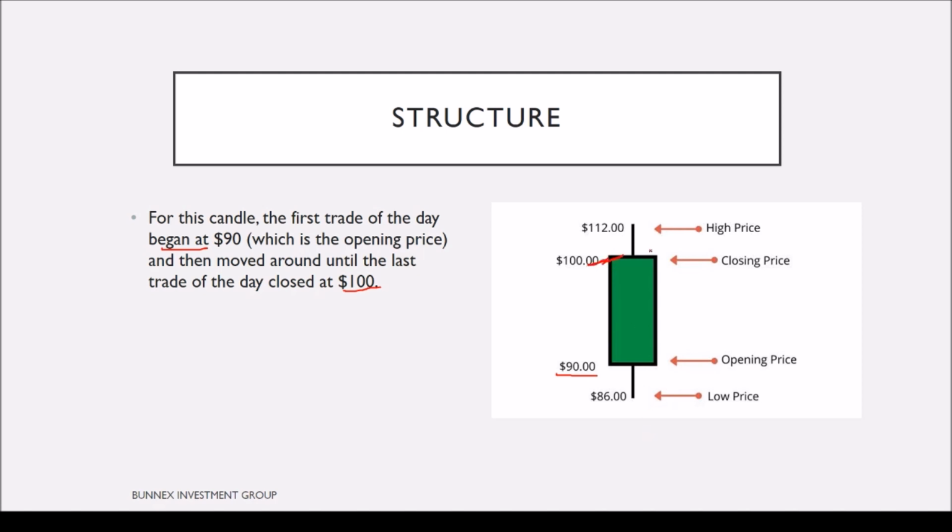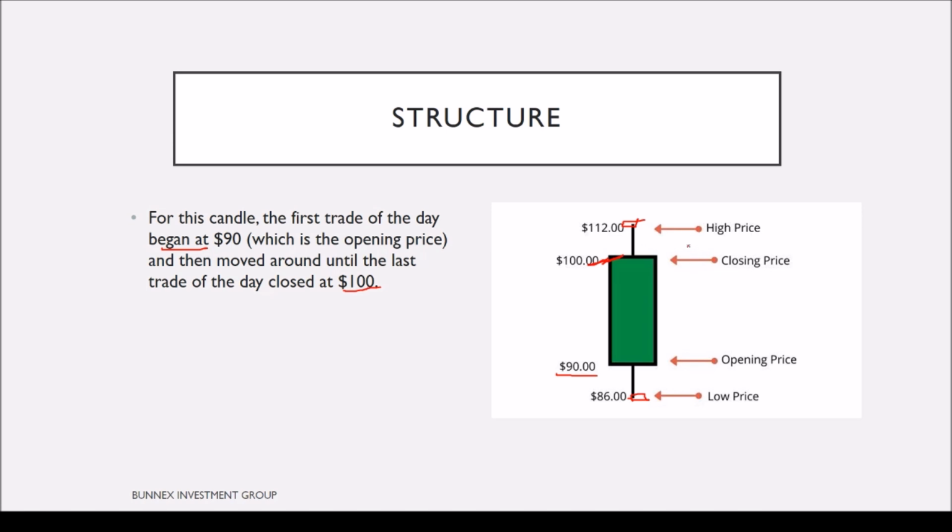Within this day, this candlestick is representing a price move within one day. The lowest price reached for this particular stock was $86, and the highest price we reached in this particular day was $112.